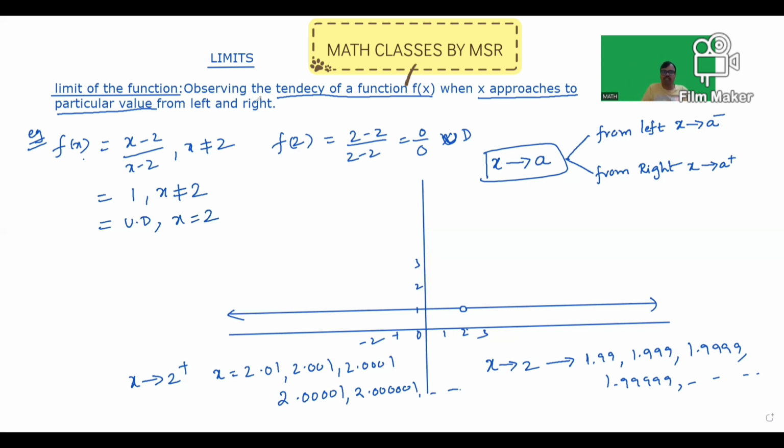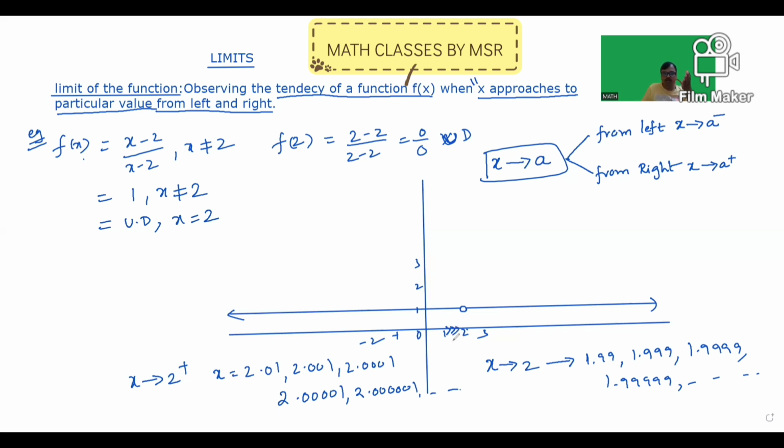So now let us understand the definition. If x approaches a particular value from left and right, just now we discussed that. What is the meaning of x approaching? Now x is approaching from left.